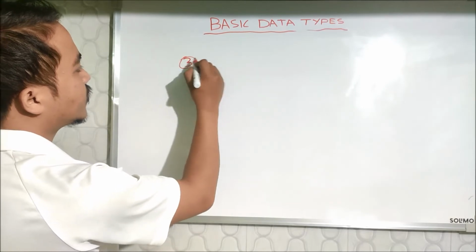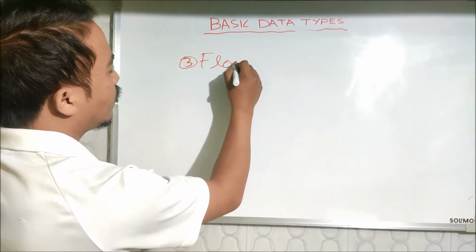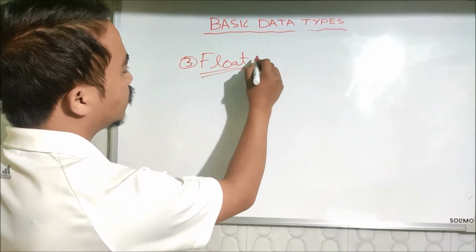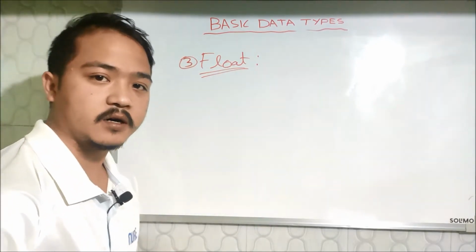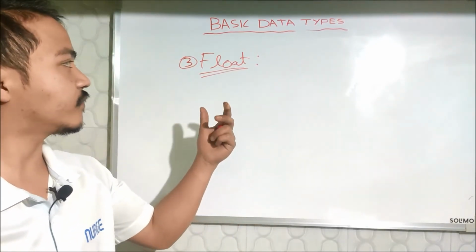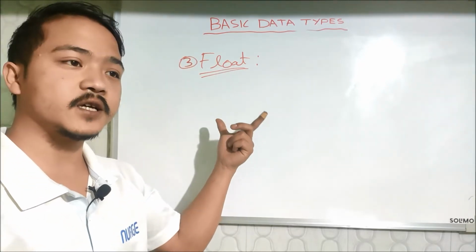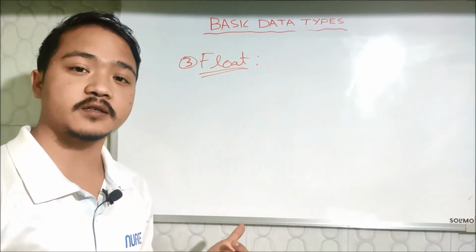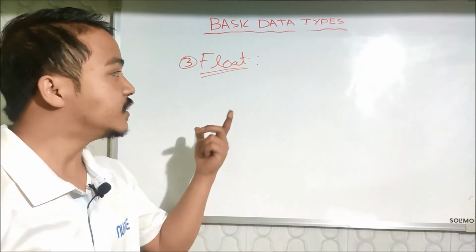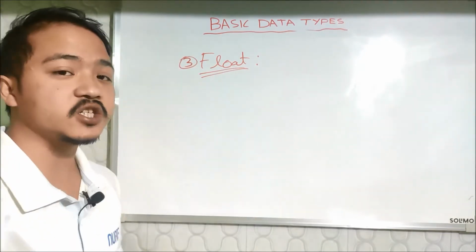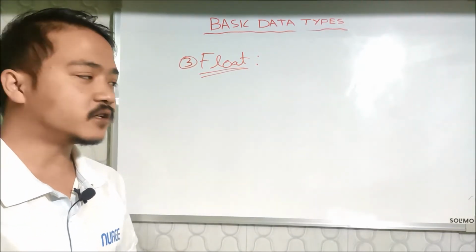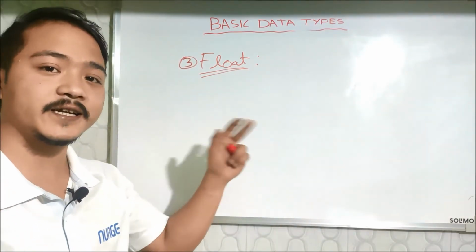The third one is the float. A floating number, in simple terms, stores decimal point numbers, and it stores a larger number also. The range is higher in float than in integer.